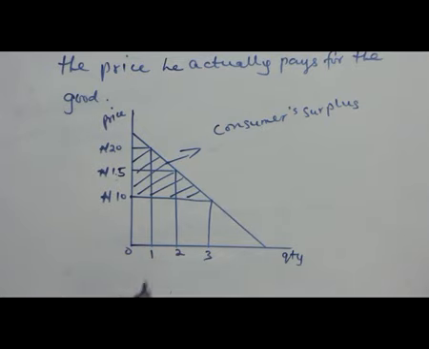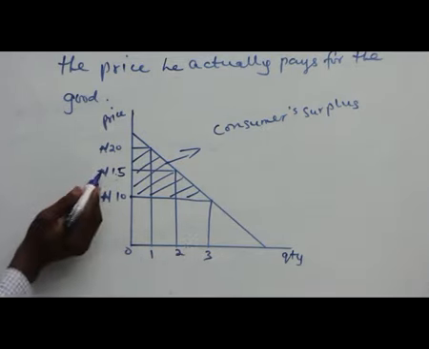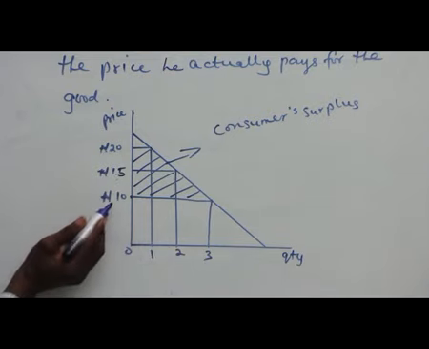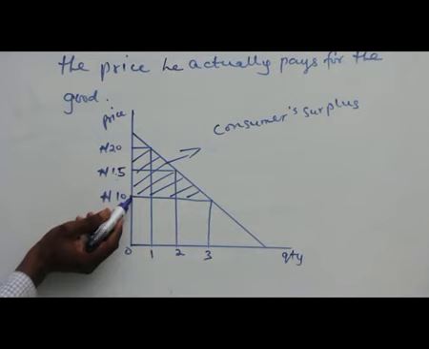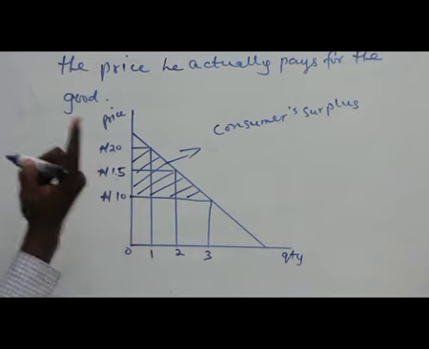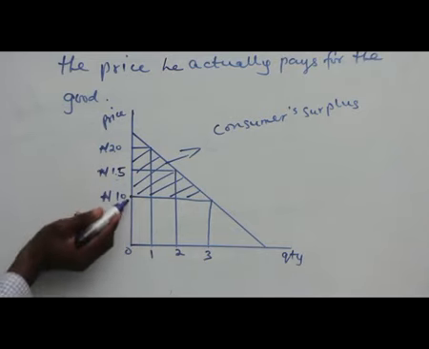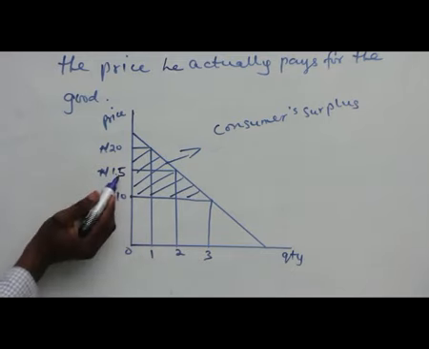Assuming the commodity is 2 quantity, where the consumer is willing to pay 15 naira per unit, right? So for 2 units, it will be 30 naira. So if the consumer is asked to pay 10 naira, then the consumer has gained an extra 5 naira on 1 unit. So it implies that for 2 units, the consumer gains 10 naira.